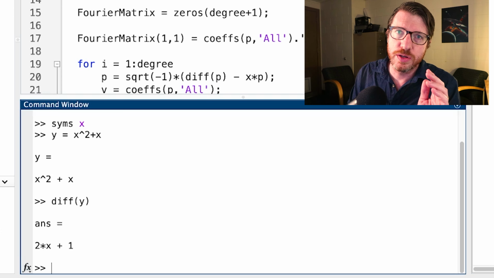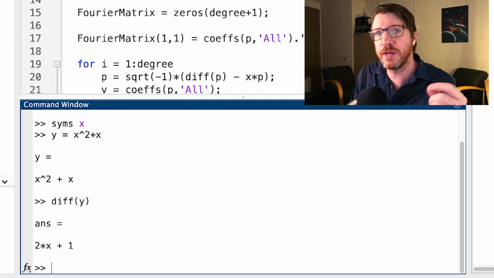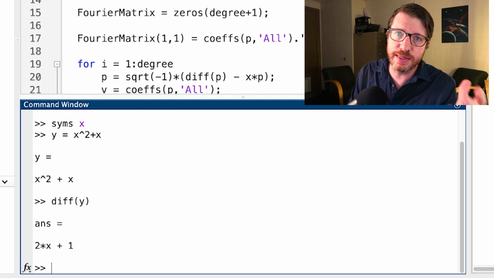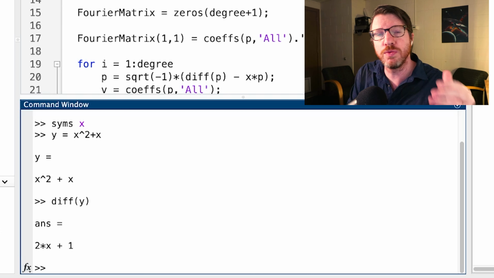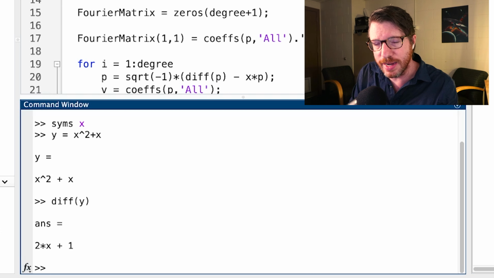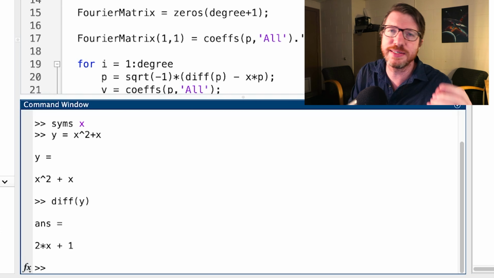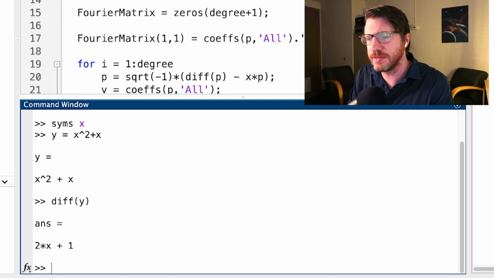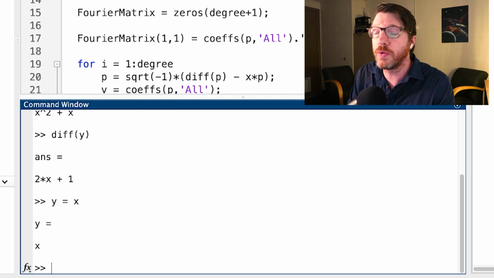Now, in order to make the matrix that we want to make, we have a recursion on the polynomials. We know that the new polynomial is going to be an operation on the old polynomial, where we multiply by i and take the derivative of p minus x times p. So I'm going to say y is equal to x to the 0.